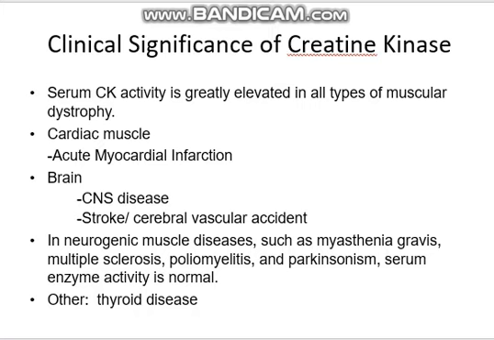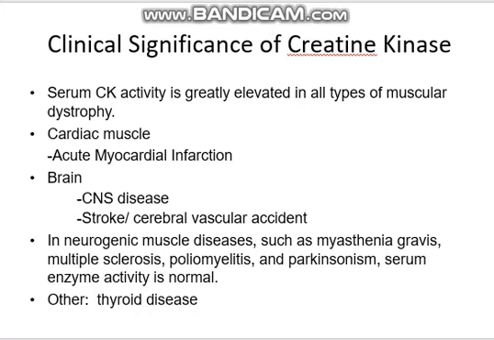In cases of neurogenic muscle diseases, there is a problem with the control of the muscles because of the involvement of the central nervous system. For example, MG, myasthenia gravis: there is a problem with the cholinesterase, which is the enzyme responsible for allowing the communication of the substance, acetylcholine.